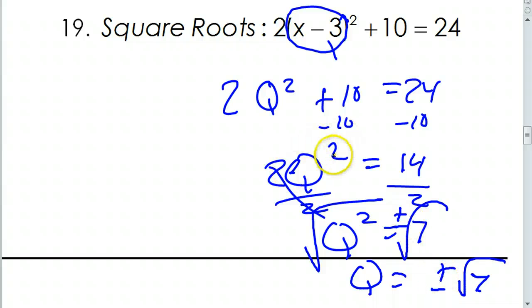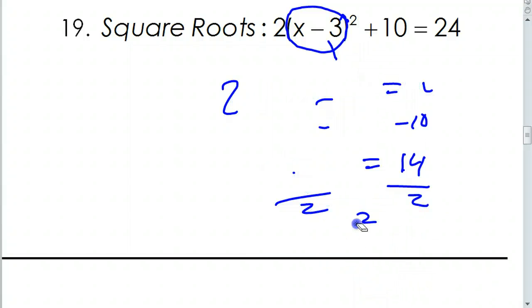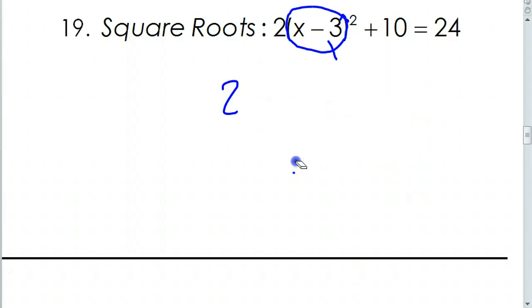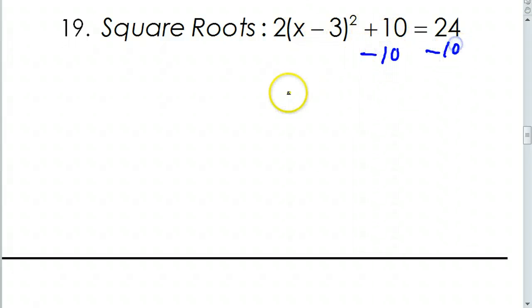All right, now I'm going to go back, and I'm going to do all of those steps just like that. Treat the parentheses like a single variable, like a q. Okay, so I'm going to do everything that you just told me to do. First, I'm going to subtract 10 from both sides.